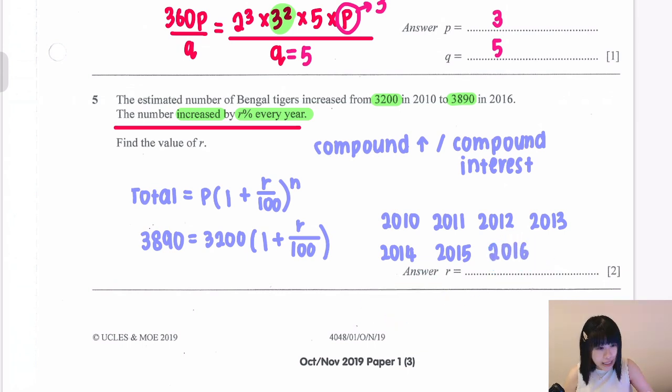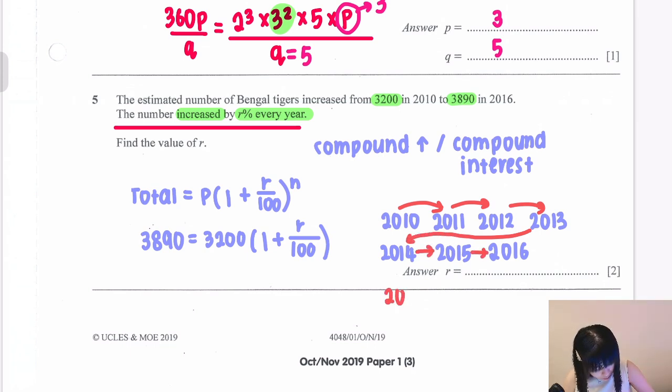When we look at how many years have passed, we are looking at the interval. 2010 to 2011 is 1 year that has passed. So 1, 2, 3, and then we have 4, 5, 6. Another way is just 2016 minus 2010, and you just get 6 years. That will be faster. So we have 6 years like this.